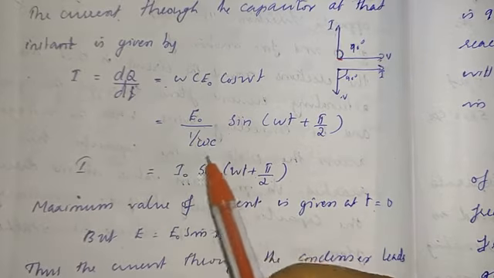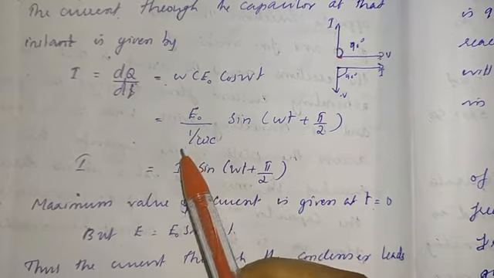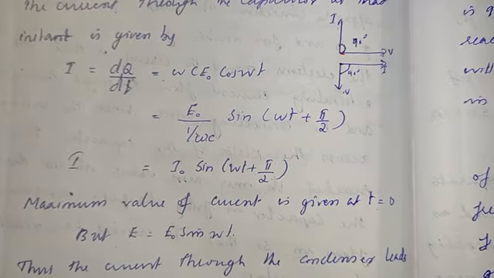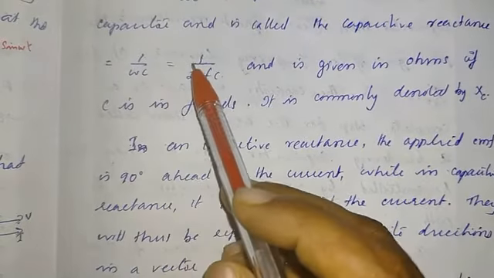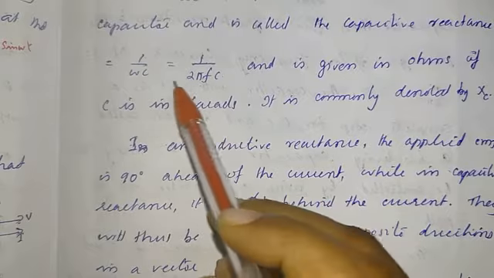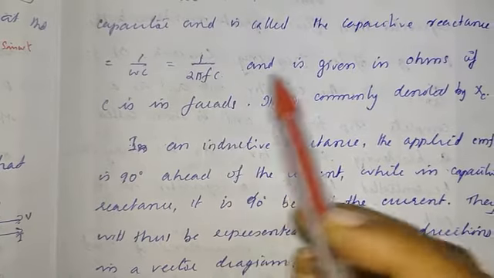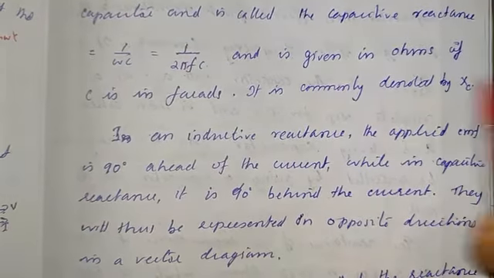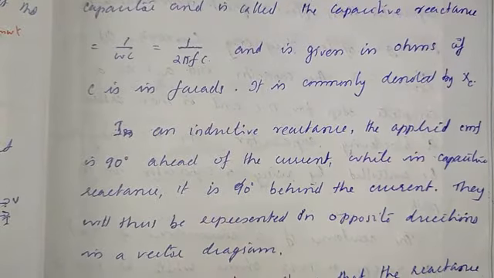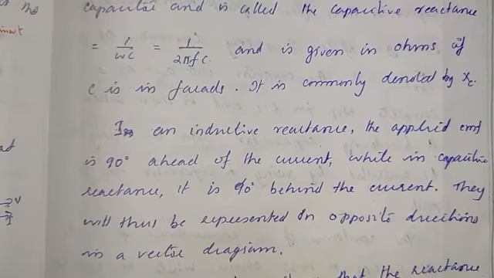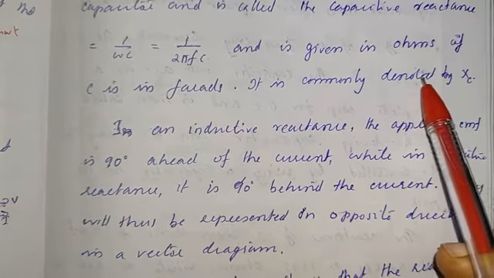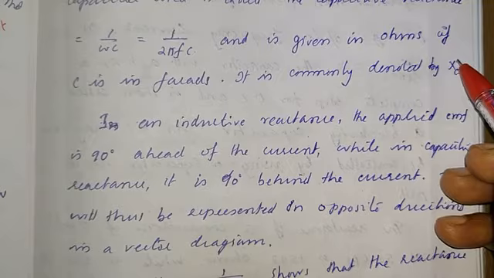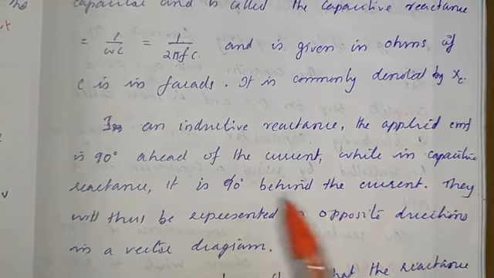Since in this circuit we are supplying AC, the resistance corresponds to capacitive reactance. 1 by omega C can be written as 1 by 2 pi f C, since omega is 2 pi f, and is given in ohms if C is in farads, which are the standard units. It is commonly denoted by Xc, so the capacitive reactance is denoted by X suffix C.